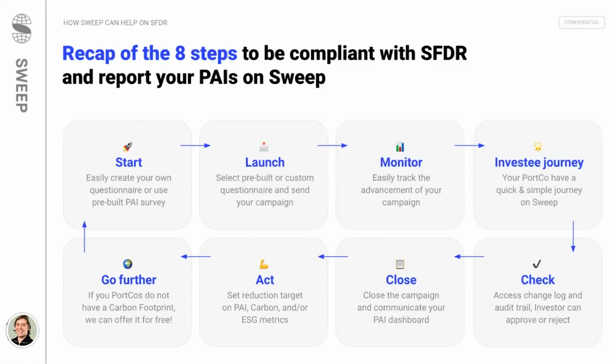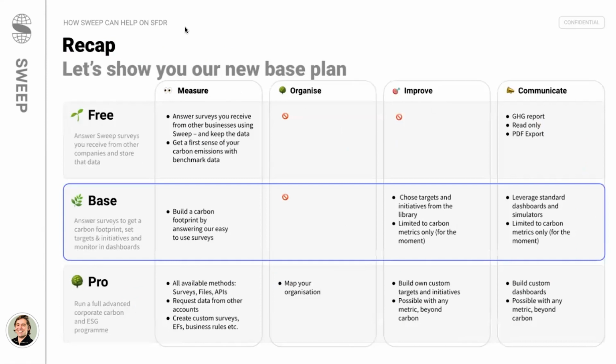Sweep, the tool, makes sure that the investee journey is smooth, and Raf will show you this in a few seconds. Then when the data comes up to your account, you check, you close, and you act on the data you've received. And then you go further by giving a tool to your investee to have less impact on our planet. So if we go to the next slide, we will show you quickly the difference between a free plan, a base plan, and a pro plan.